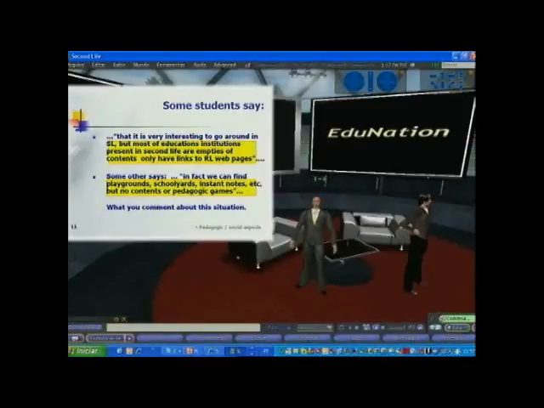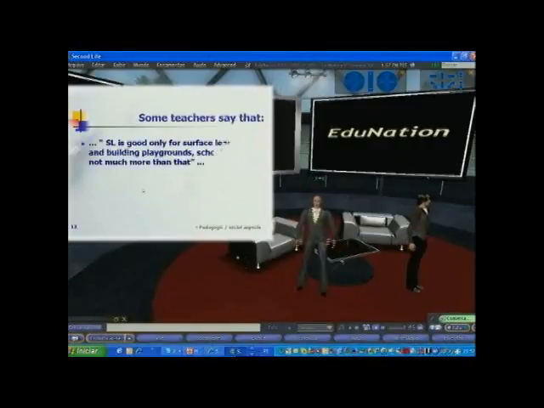In fact, we can find playgrounds, schoolyards, instant notes, etc., but no contents or pedagogical games. This is more a social environment. We need to enrich them with real pedagogical contents. We have just some comments before about this aspect, and I'd like to hear some other comment from you, if you feel like it.